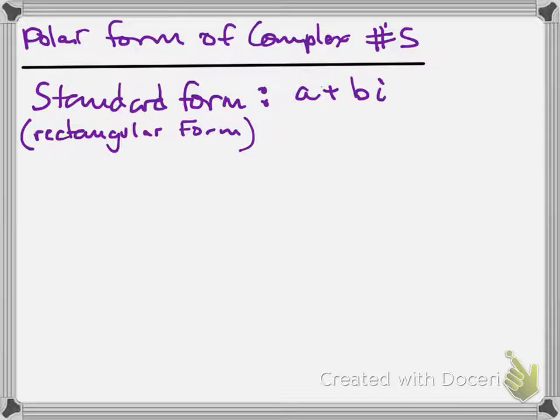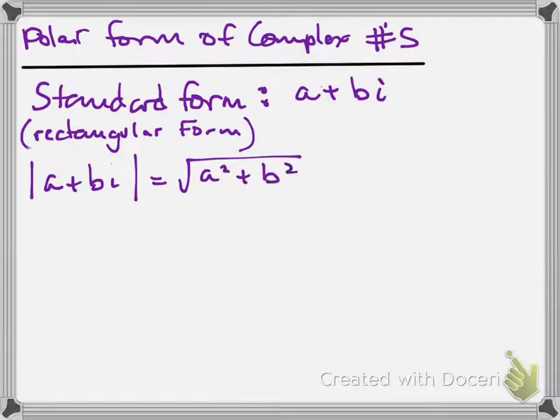For example, the absolute value of a complex number, the absolute value of A plus BI, which we said is the square root of A squared plus B squared, is also called the radius. Does anybody remember the other names we gave it? The absolute value is called the radius. It's called the norm.